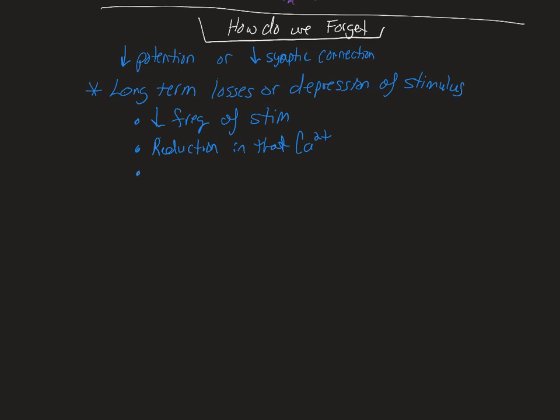And as you begin to lose the calcium and all of that, you're going to use proteases that chop up those extra NMDA receptors or other types of receptors, which is ultimately going to lead to a reduction in the number of receptors, the reduction in the potentiation, so that you basically kind of lose the thought, okay?